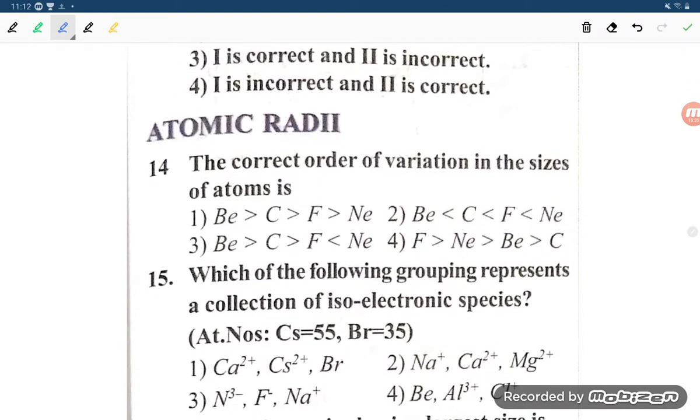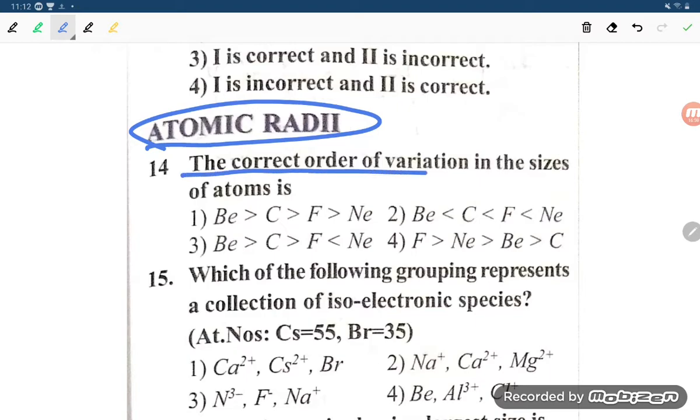Okay, next one, student, is a problem on atomic radii. The correct order of variation in the size of atoms is... So, students, when you move down the group, radii increases.